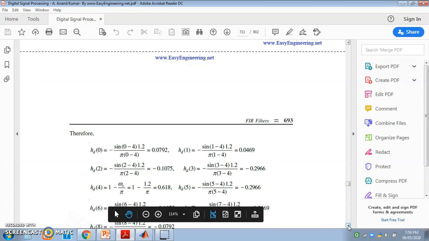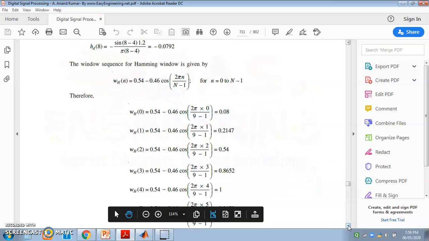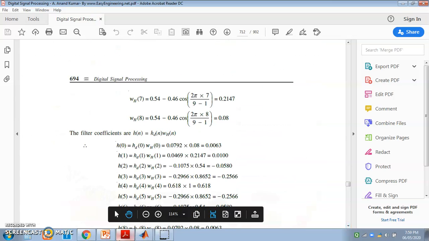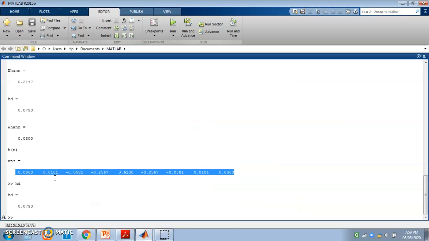The first value that we have in MATLAB is 0.0063, so we have this value in MATLAB. Then the second value is 0.0100, and here we have 0.01.